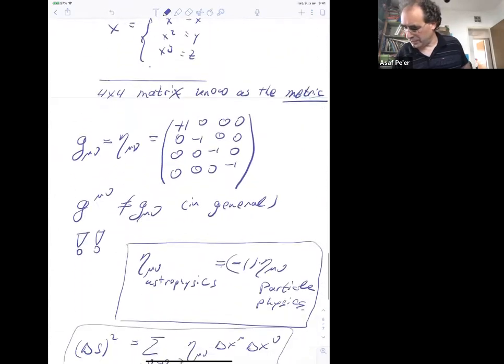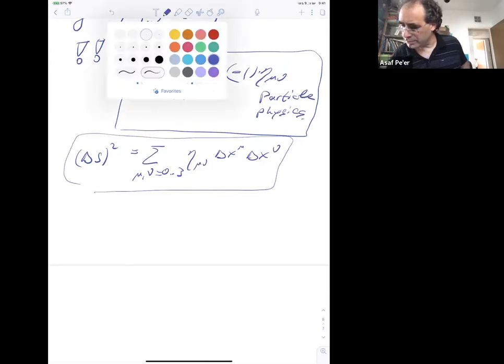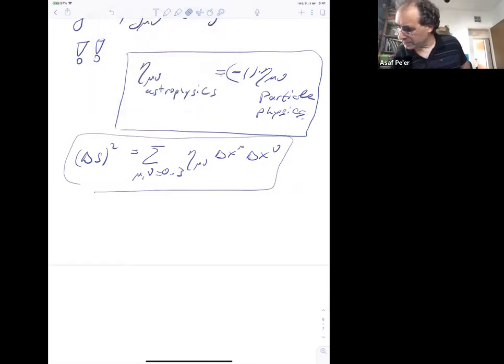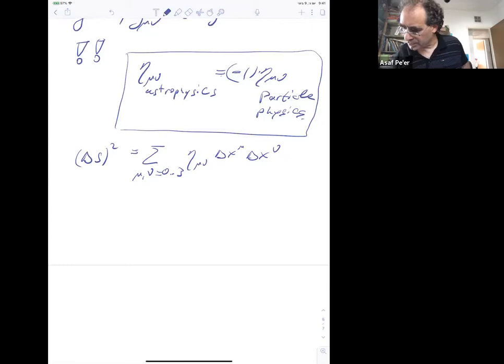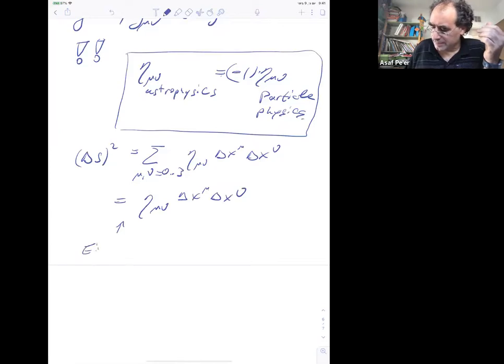So if you see that, then you realize that it's so simple that we don't really need to use this summation. Rather than writing the summation, which is kind of annoying, we're simply going to write it down as eta mu nu, delta x mu, delta x nu. We use what's known as Einstein's summation convention.